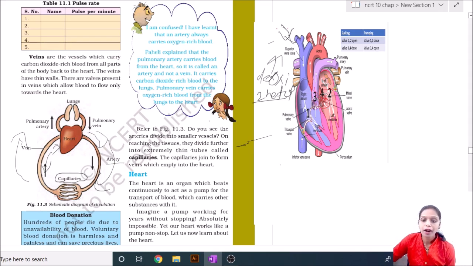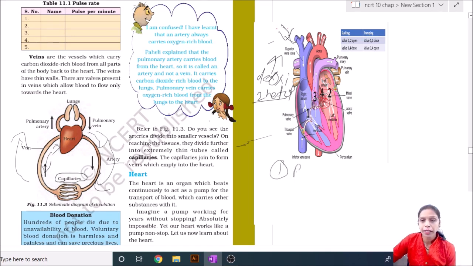Actually, there are four parts of a heart. The heart is actually a muscular organ that is near the chest cavity, a little to the left, and there are four parts of the heart.